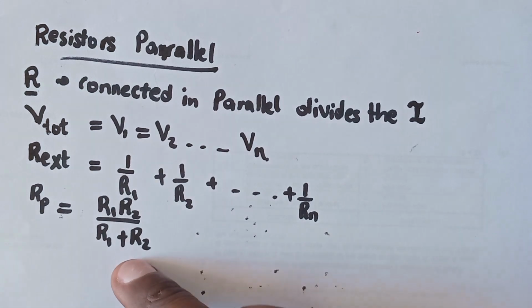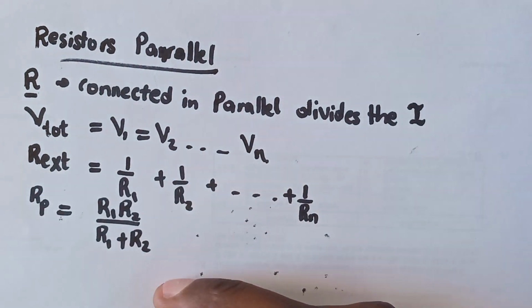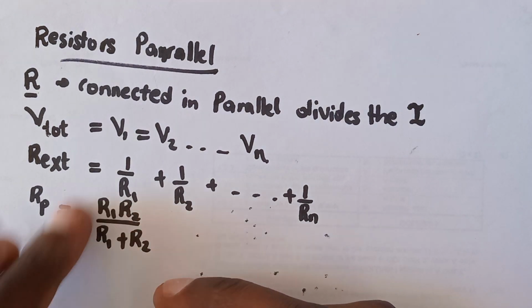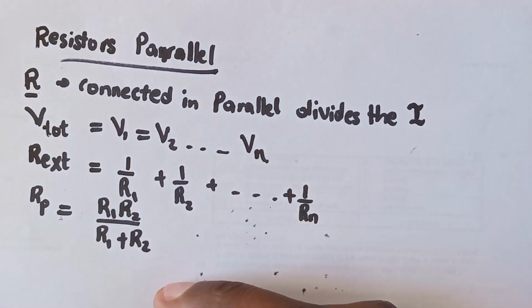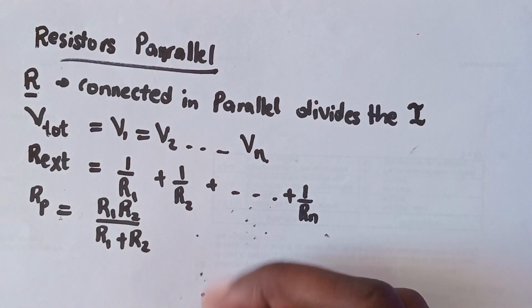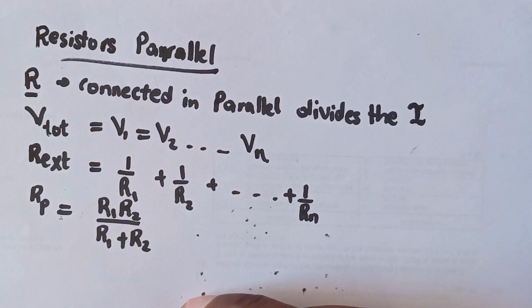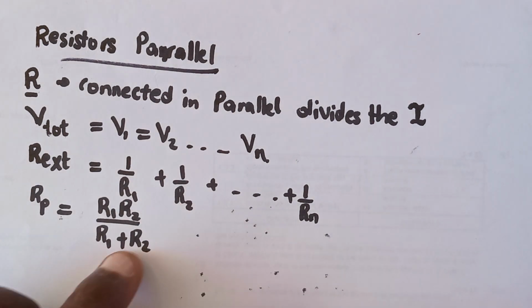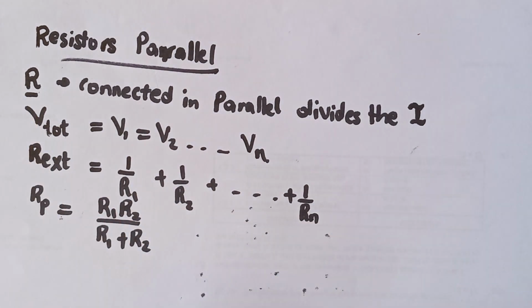But you can use this one when the resistors that are connected in parallel are only 2. So you can use this one, or use the other one for resistors that are over 2. You have to take note here. You have to use it specifically when there are 2 resistors in parallel.